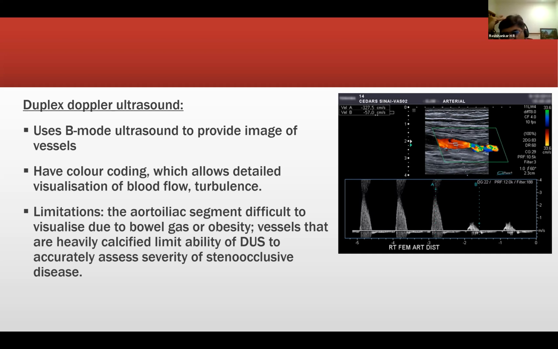So if there is triphasic flow, that means the vessel is healthy and normal. And if there is monophasic or biphasic flow, yes. And what will happen at a stenosis? What will be the Doppler signal?